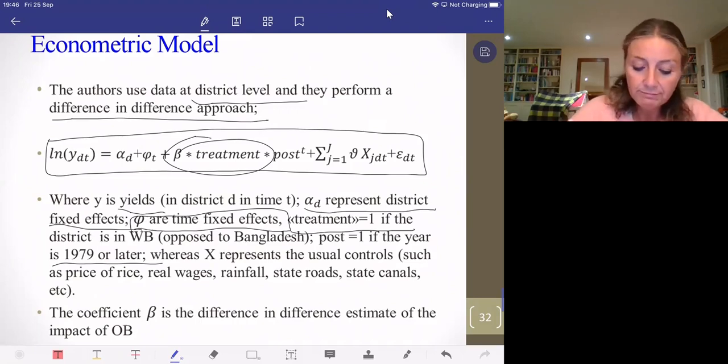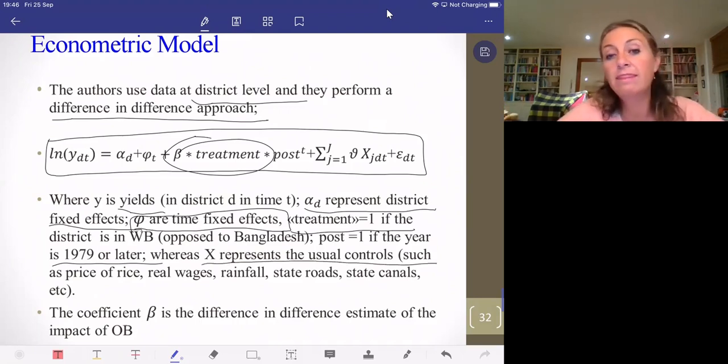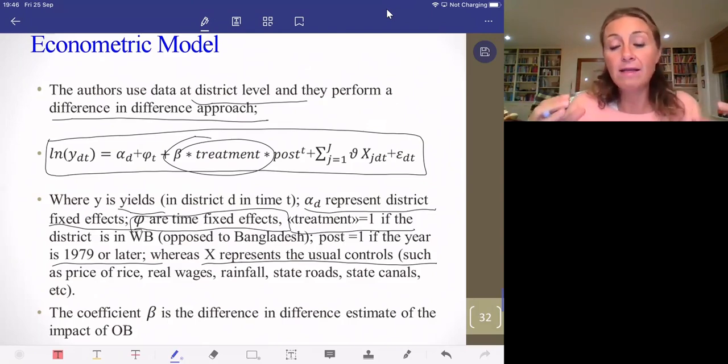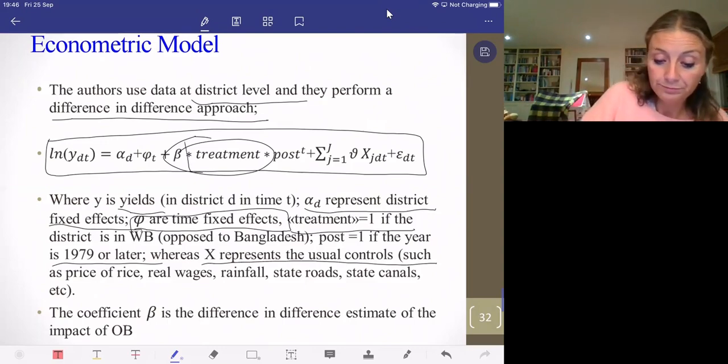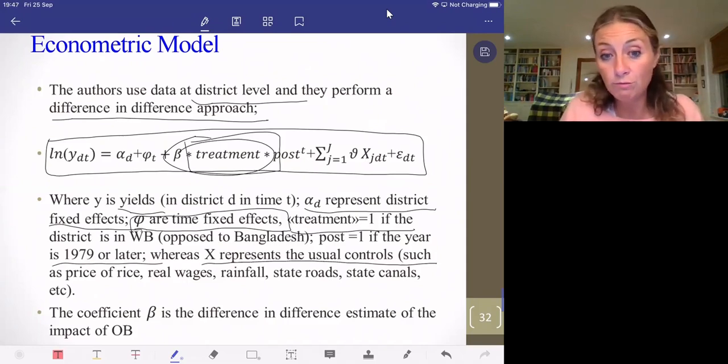And X represents another bunch of controls, such as, for example, the price of rice, real wages, rainfall, state roads, so everything that can affect productivity or the yields of this particular crop, which as far as I remember is rice. And we have to make sure that we control for all these aspects, because any other difference that we may find will then be due to the treatment, meaning the reform.